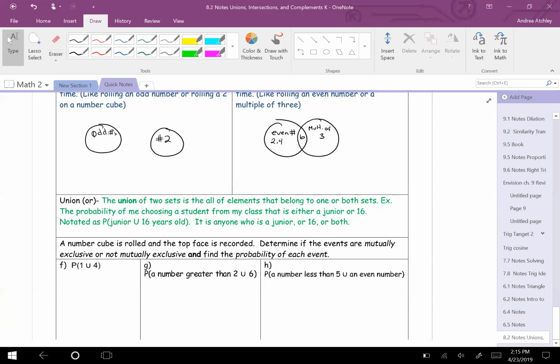It is anyone who is a junior or 16 years old or both. Make sense? I win no matter what. If any of those things occur, I still win. So this is a higher probability than, say, our and, because I have more chances to win. Does that make sense?